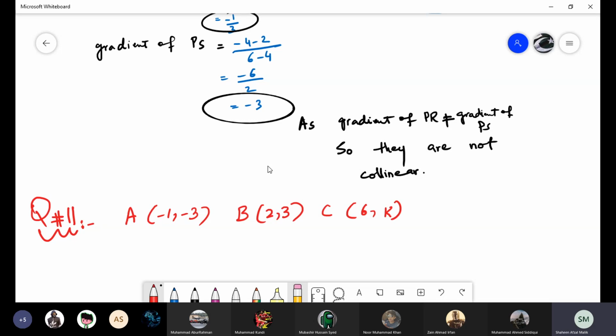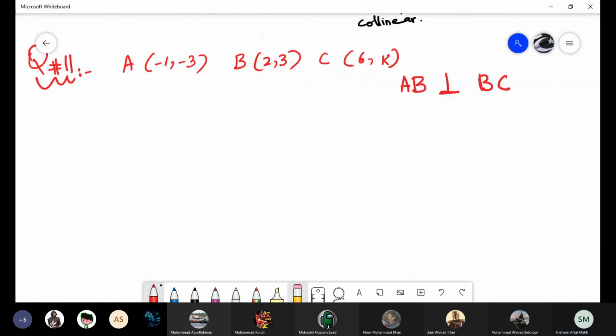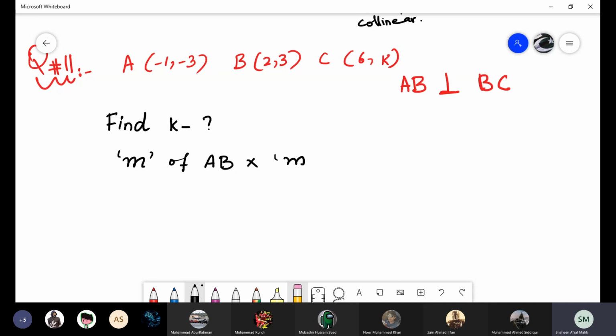The condition is already mentioned that AB is perpendicular to BC, so you have to find the value of K. M1 multiplied by M2. To find K, we will write the gradient of AB multiplied by the gradient of BC, and we will keep it equal to -1.